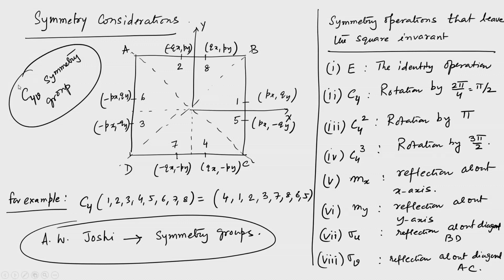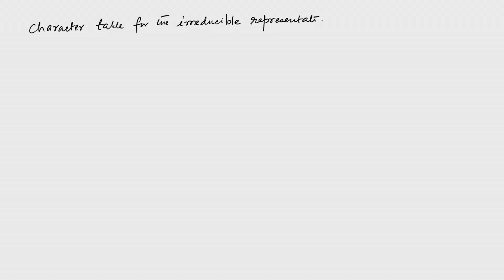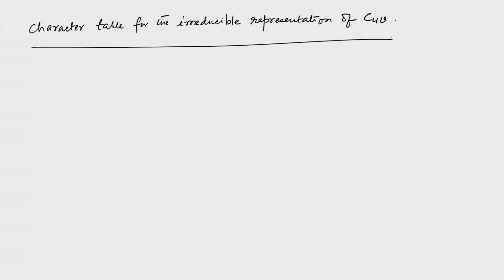So, we are going to write down a character table for the irreducible representations of C4V.